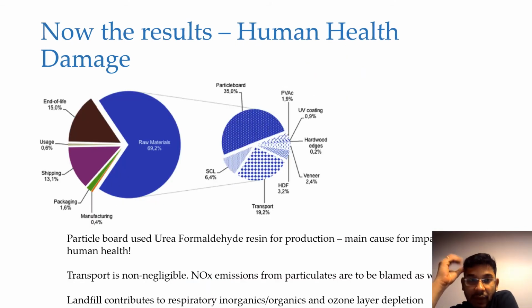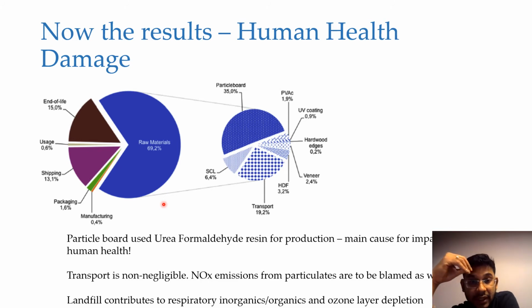Okay, so what have they found from their LCA? They found that raw materials are responsible for a lot of the impact on human health, almost 70 percent. They zoomed in on this raw material category, and found that particle board is one of the major culprits.